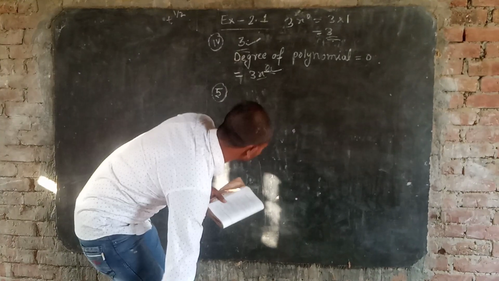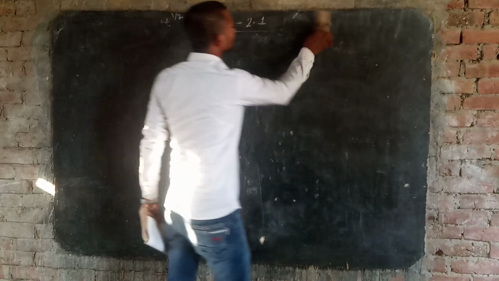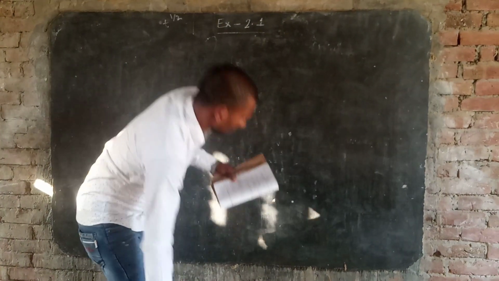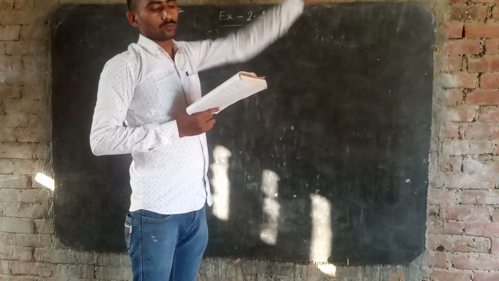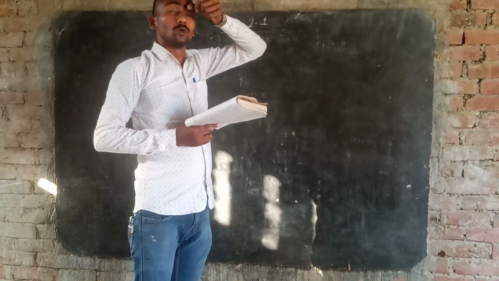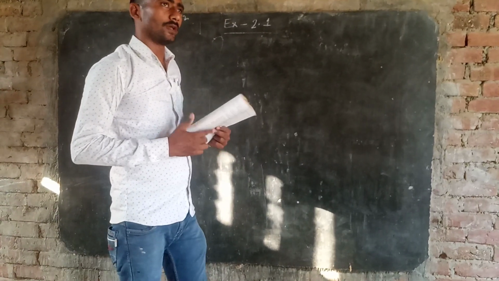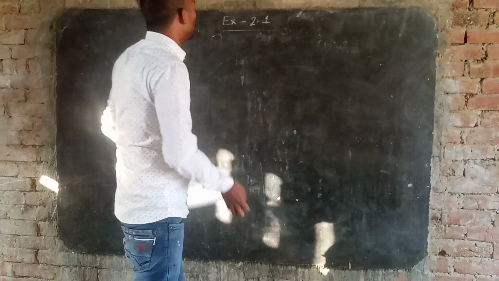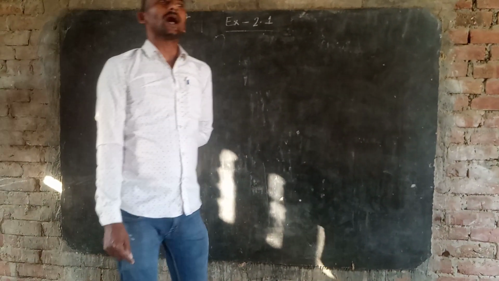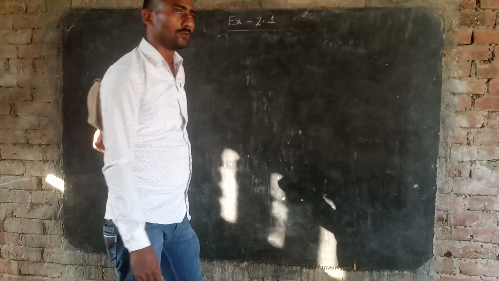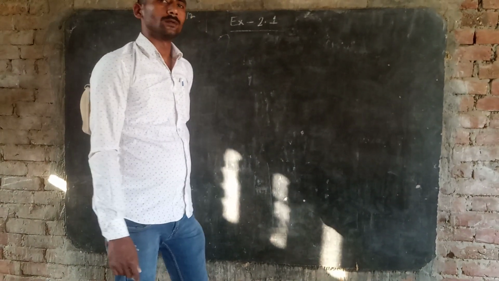So first we have to know what a linear polynomial, a quadratic polynomial and a cubic polynomial are. In a linear polynomial, the highest power is 1, so we say that this polynomial is a linear polynomial.